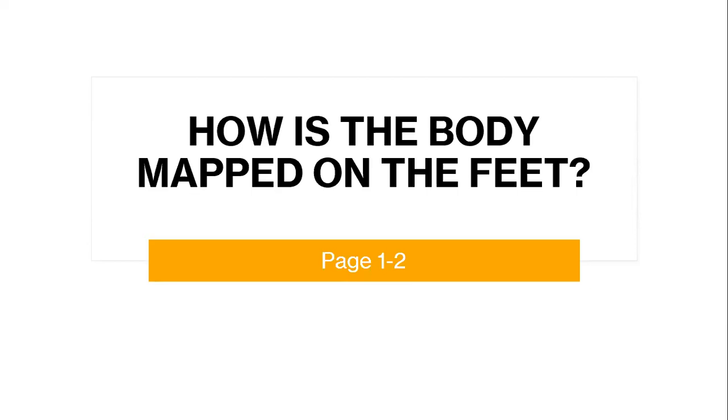And then everything below the pelvic line is going to be everything in the pelvic area. So we're going to get a little bit more in depth as we go through, but that map is a really good indicator on page 1-2 of how everything is laid out. And it also makes it really easy to understand the reflexes and study them because everything is in order.